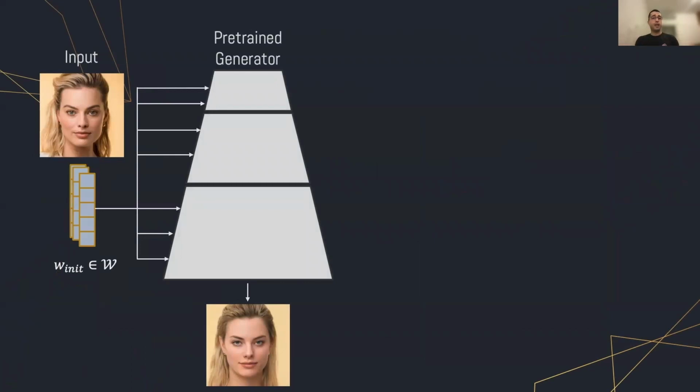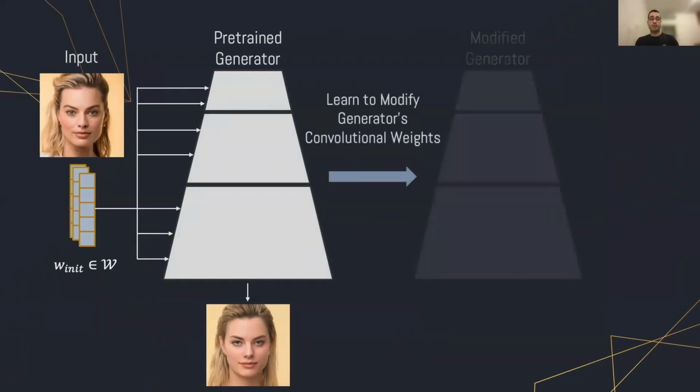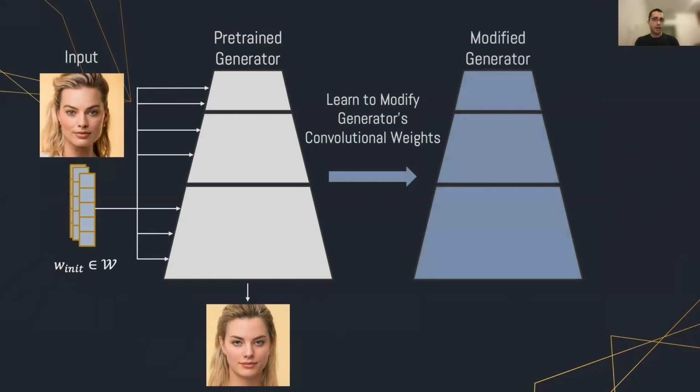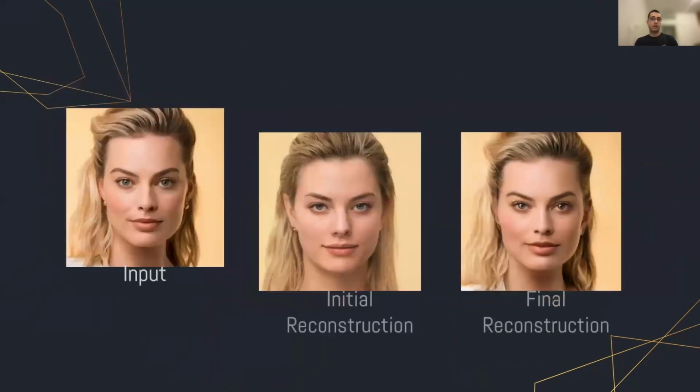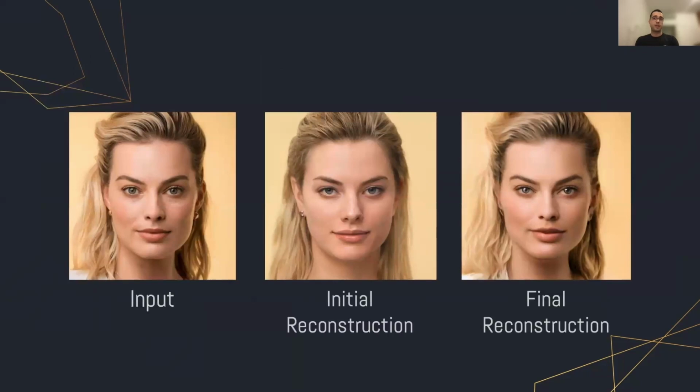But here, our goal is to take this generator, modify the generator's convolutional weights, but now pass the same latent code in order to obtain a much more accurate reconstruction. So our goal is to transform this initial reconstruction that we see here in the middle to obtain the final reconstruction that we see here on the right in order to reconstruct the input that we see on the left.